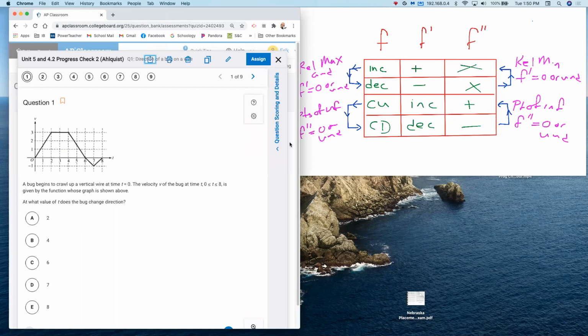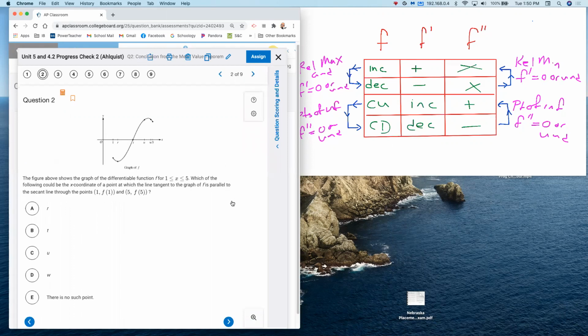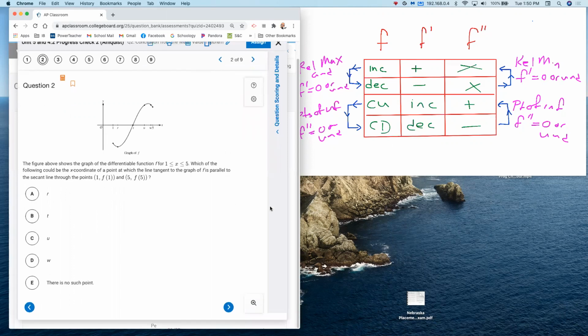Okay, so question number 2. So that's this one right here. I'm gonna do my best to draw in here.